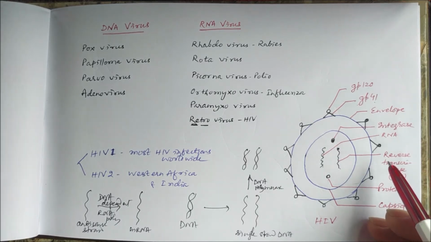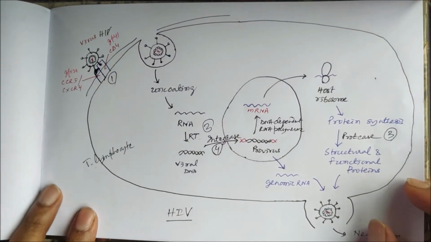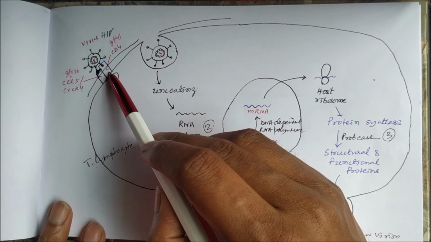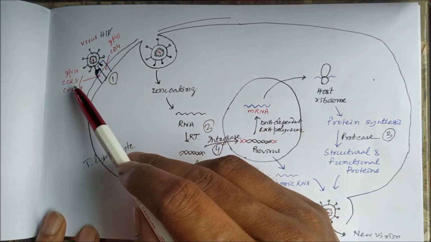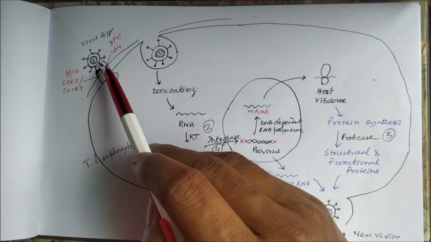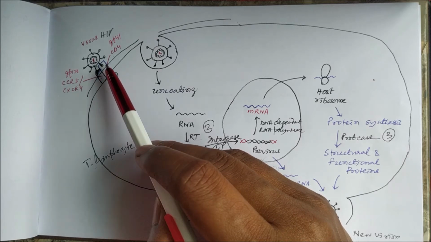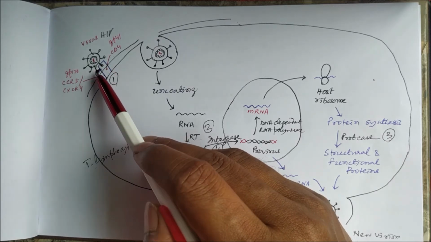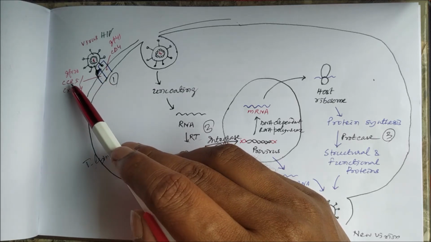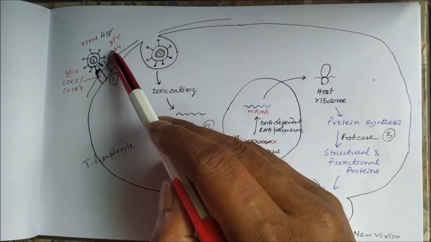HIV attacks the T lymphocytes, and the T lymphocytes have the CD4 receptor on their surface, and the co-receptor is the chemokine receptor 5, CCR5. GP120 binds to the CCR5, the chemokine receptor 5, and GP41 binds to the CD4.